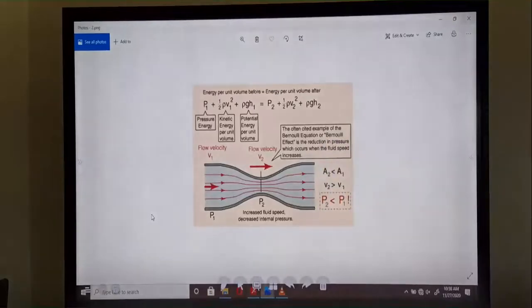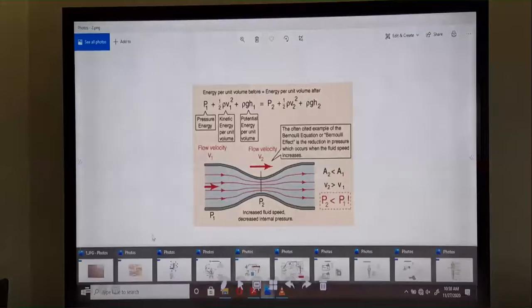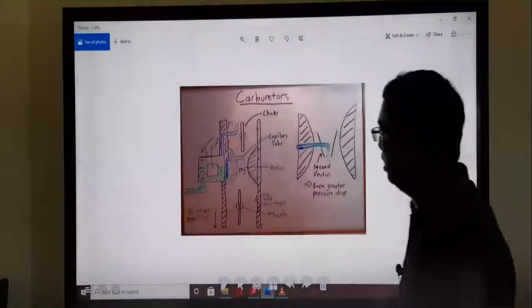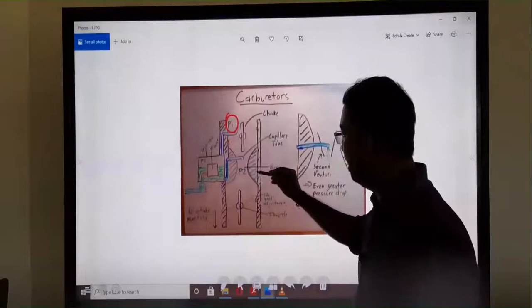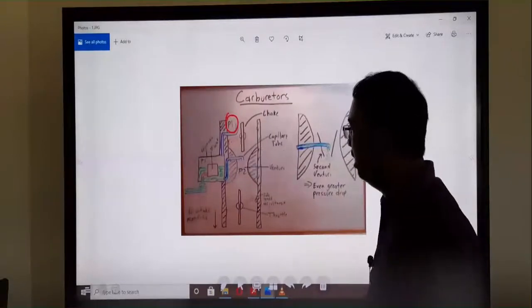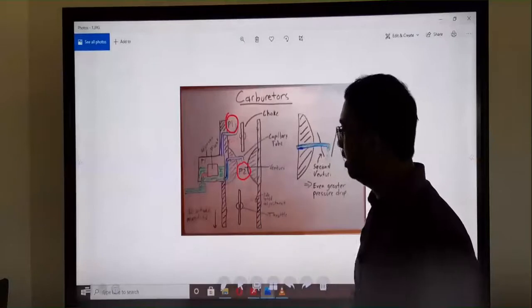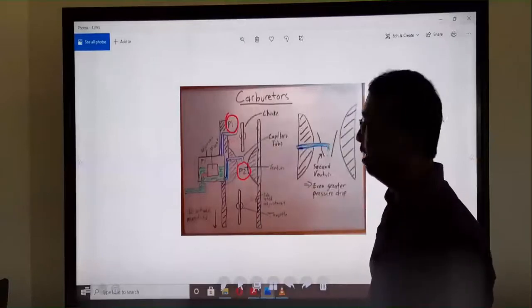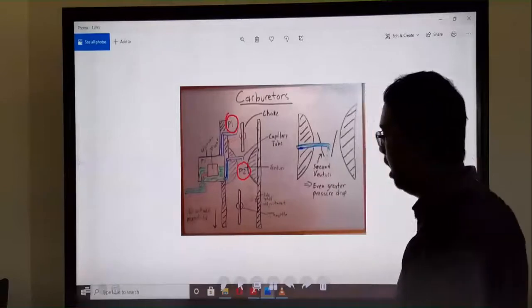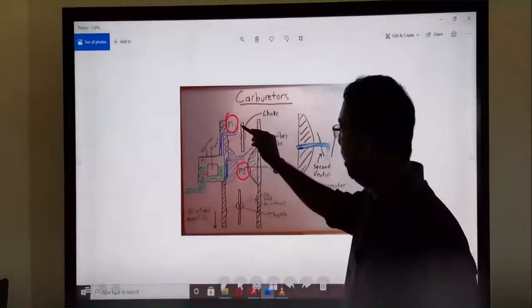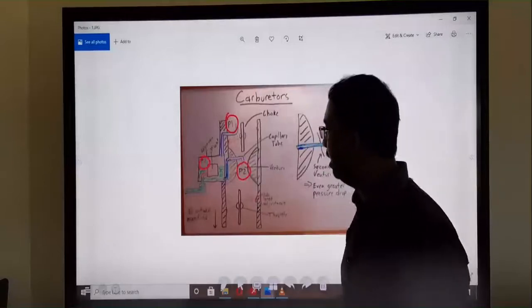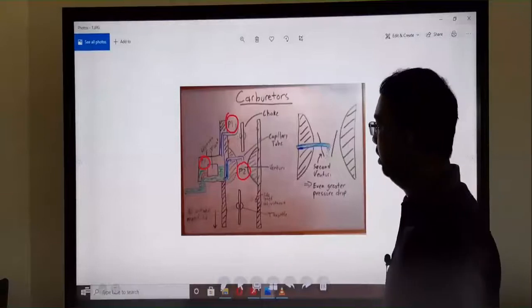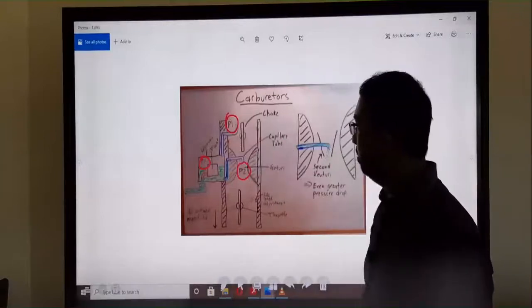Here this is the atmospheric pressure, called P1. Here the cross section is reduced by the formation of the venturi, so the pressure P2 is less than P1, the atmospheric pressure. A capillary pipe is also connected to the tank to maintain the tank at atmospheric pressure, so both are at atmospheric pressure.